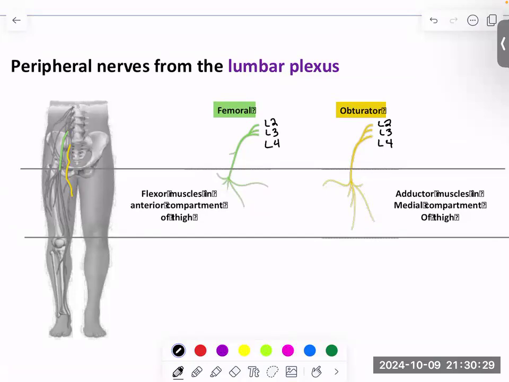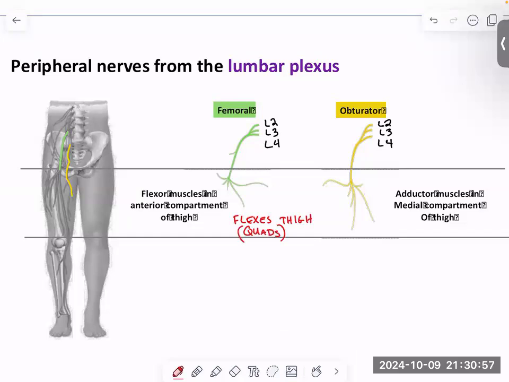The femoral nerve powers the flexor muscles in your thighs. Oh, not thigh, thighs. Does anybody know what that muscle group is called in the front of your thighs? Your quads. Your quadriceps.